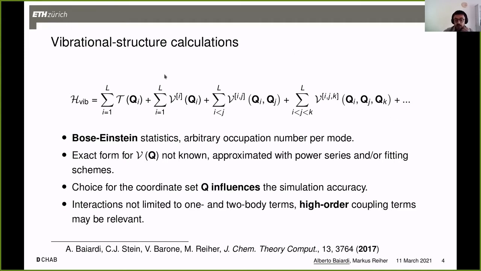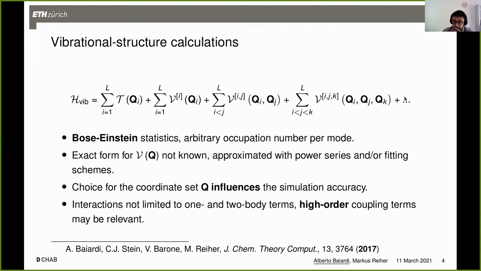So by including in the potential energy surface coupling terms which couple the different vibrations. And here the main conceptual differences compared to electronic structure calculations are there. Of course, vibrations are not treated as fermions anymore, but as bosons. So we needed to generalize DMRG to more general kinds of particles.